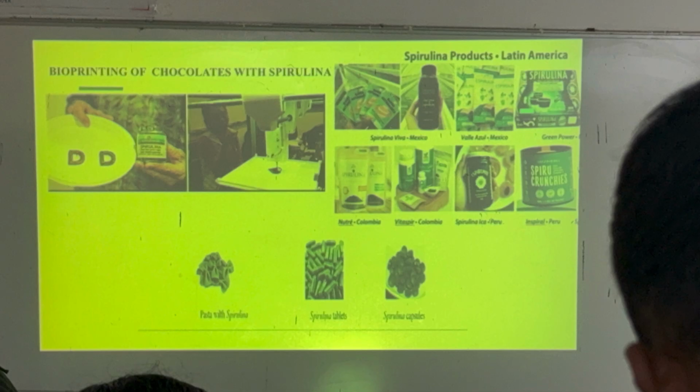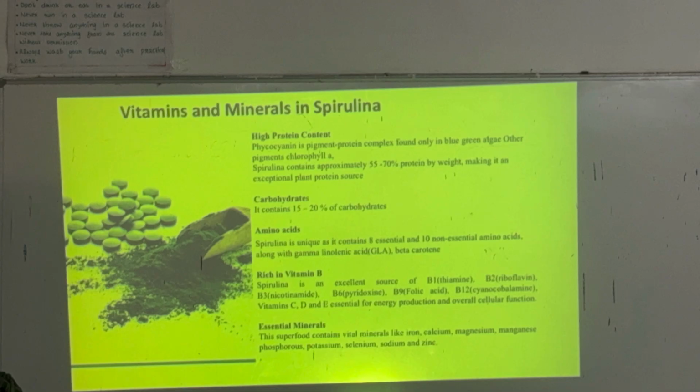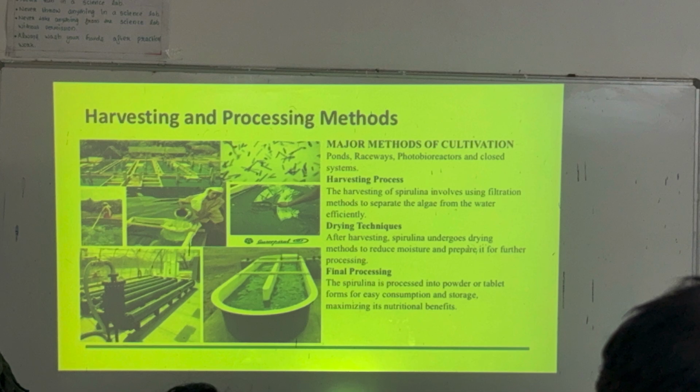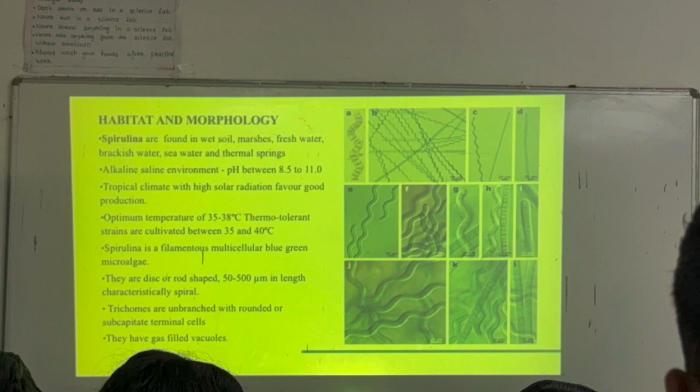So we cannot say the disorder is because of spirulina, maybe it is because of contamination. It also requires specific controlled growing conditions, which are essential to maintain optimal environmental practice.